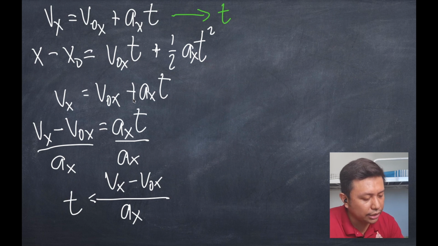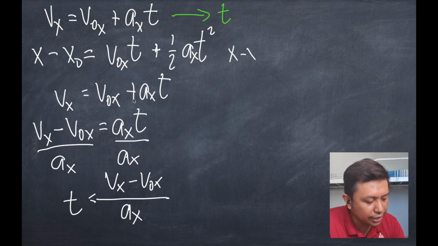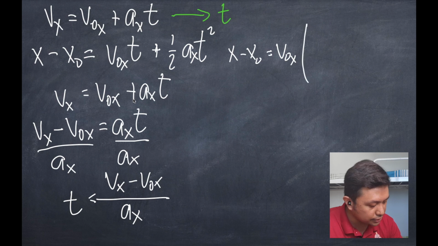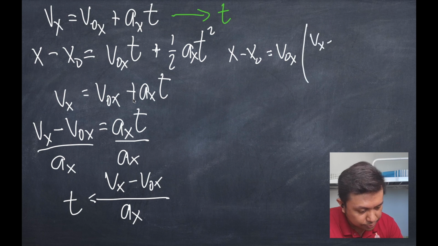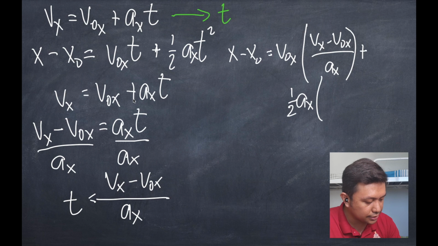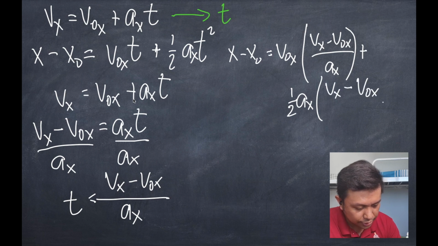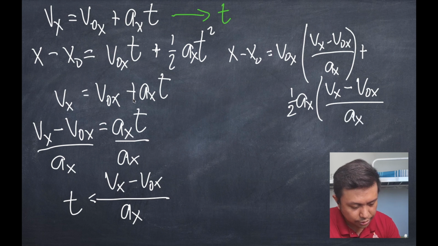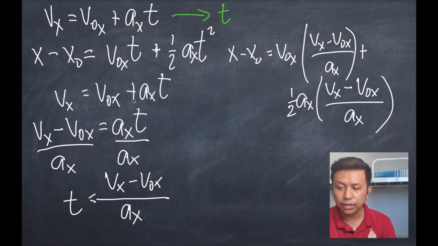So doing that will give us x minus x naught is equal to v naught of x times vx minus v naught of x over a sub x, plus 1/2 a sub x times vx minus v naught of x all over a sub x, squared. I should not forget the squared.